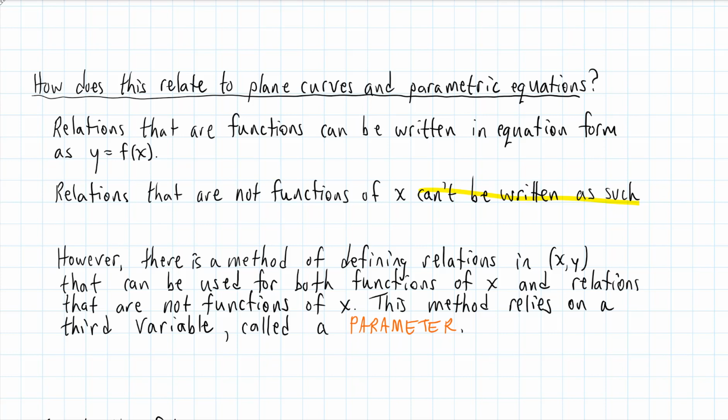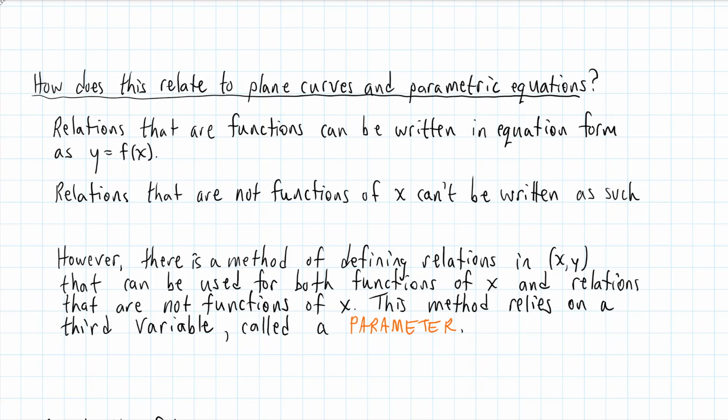Well, it turns out there's another method of defining relations x, y that you could use for either functions of x or non-functions of x, and that one method applies to both. That method uses something called a parameter, which is essentially a third variable.